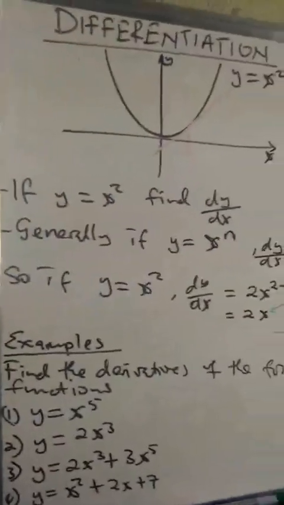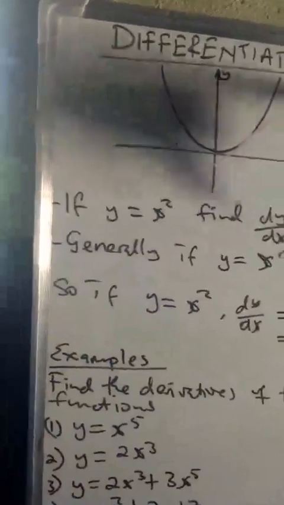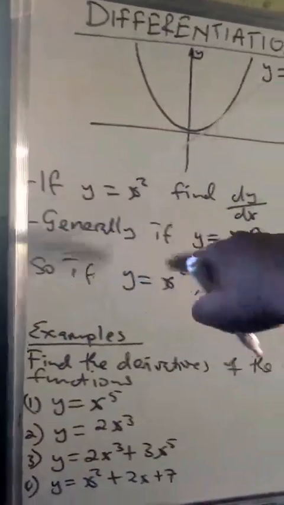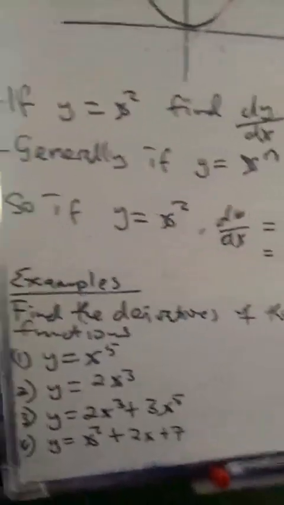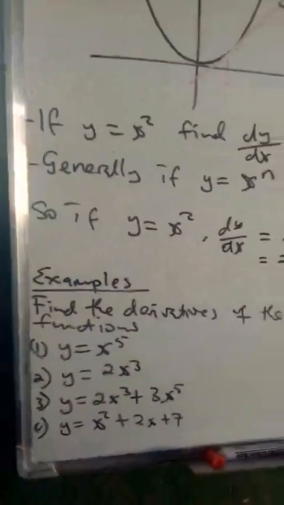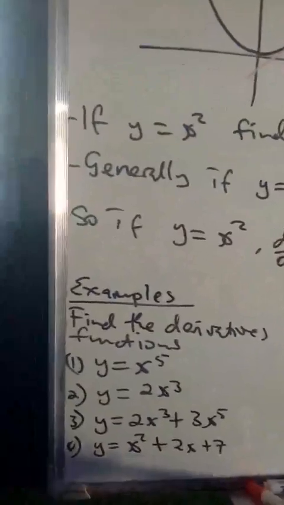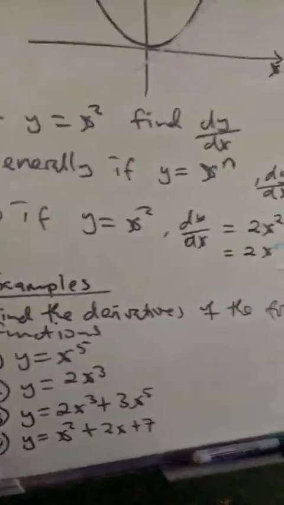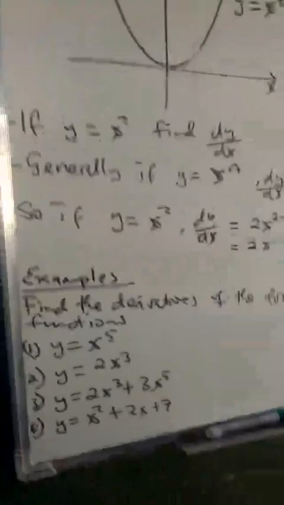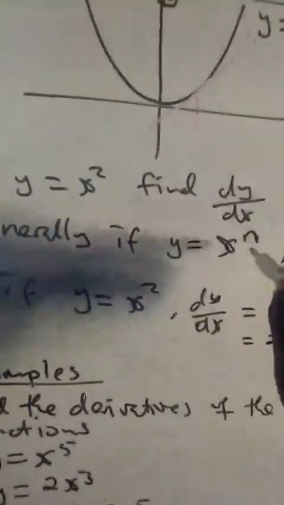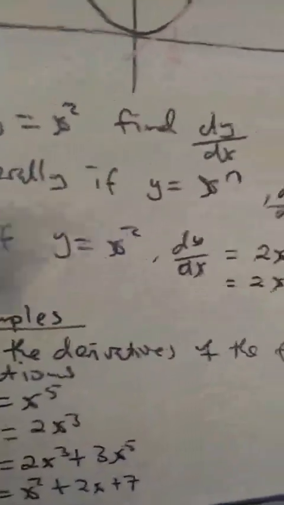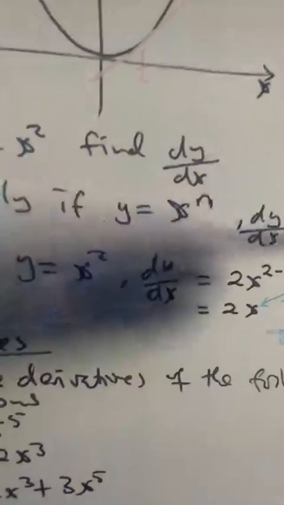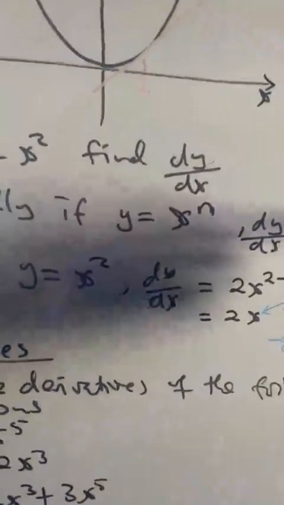We'll start with this equation or this function, y is equal to x squared. If y is equal to x squared, find dy by dx. That gradient function is called dy by dx, right? So generally, if y is equal to x to the power n, then dy by dx is n x to the power n minus 1.